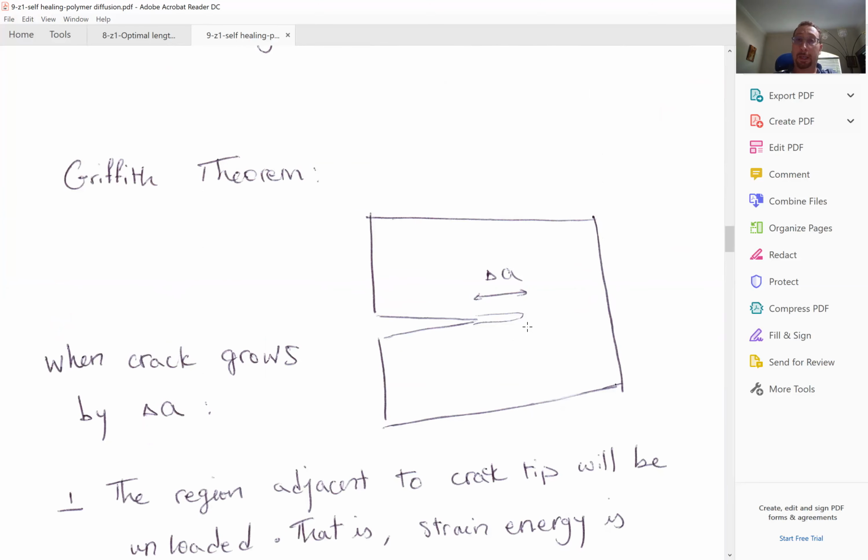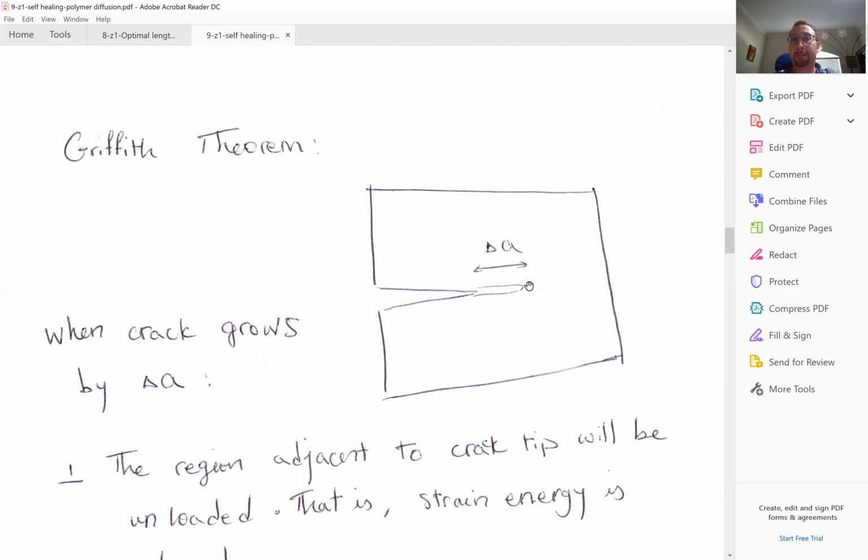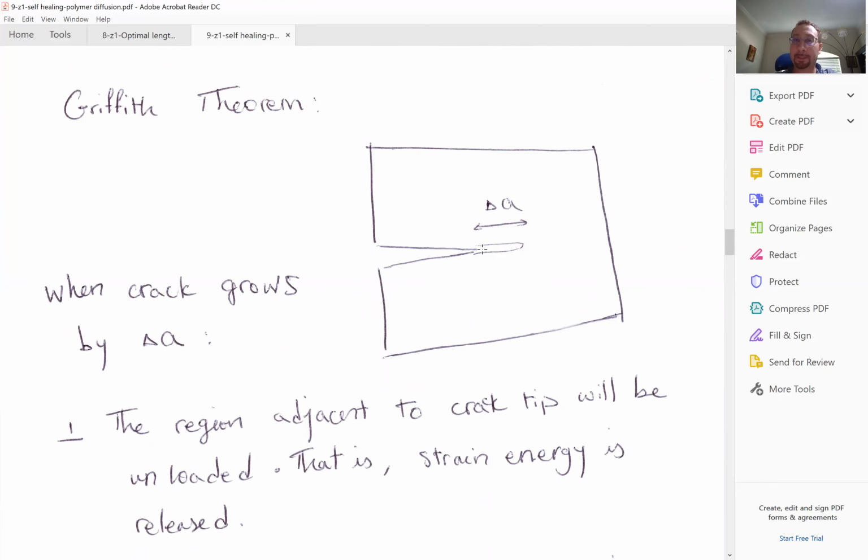Now, the Griffith theorem in fracture mechanics relates the two energies that I told you. If the crack grows by delta A, the elastic energy around these regions will be released. There will be some plastic deformations here, as well as the bonds that are broken in this region.